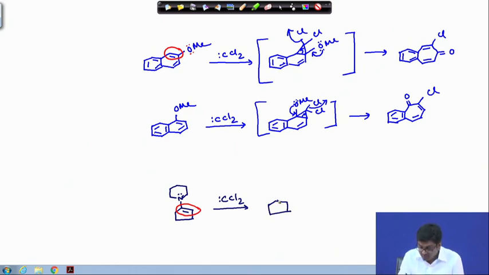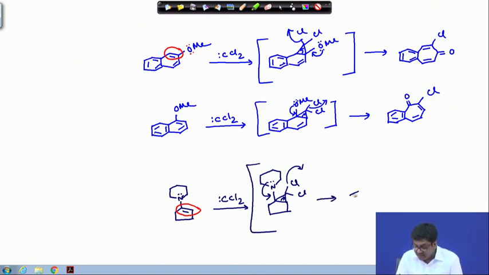So, that will give you this cyclopropane ring. Now this nitrogen, with its lone pair, will come in and the ring will expand by the liberation of Cl minus. So, what will you get?